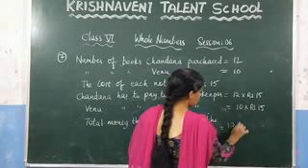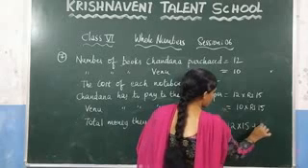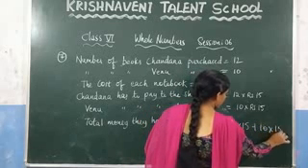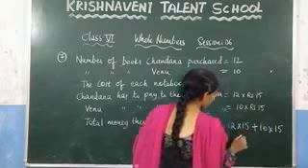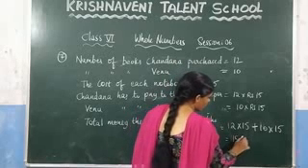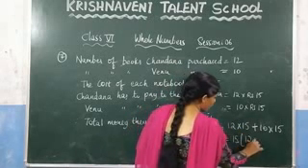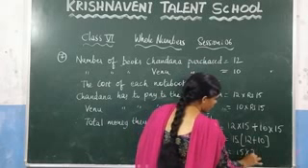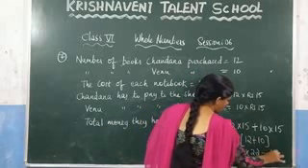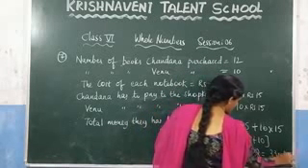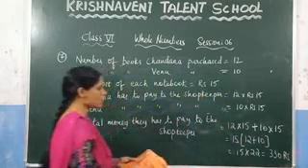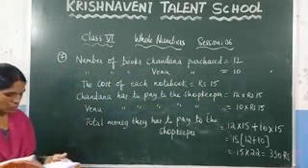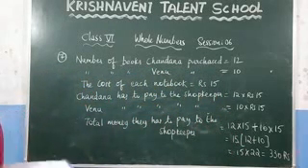You just need to add 12 into 15 plus 10 into 15. Here we can take 15 common. If you take 15 common, 12 will be there and 10 will be there. So 15 into 22, after calculation we will get 330 rupees. This is the problem. Now see the last problem in this exercise.